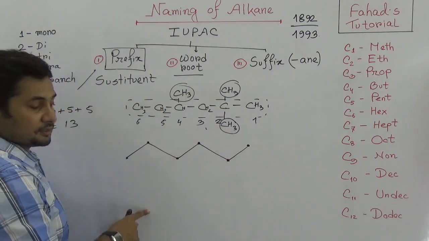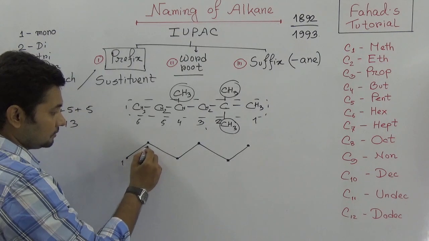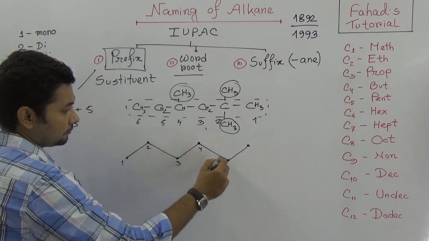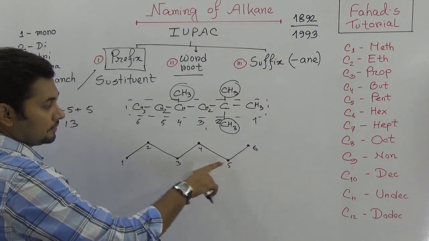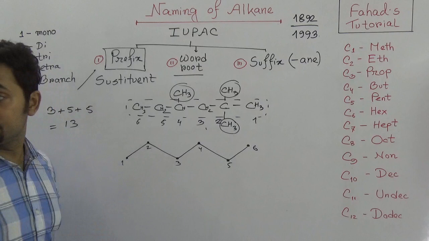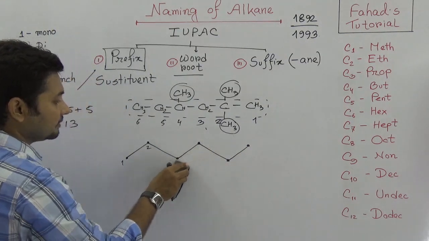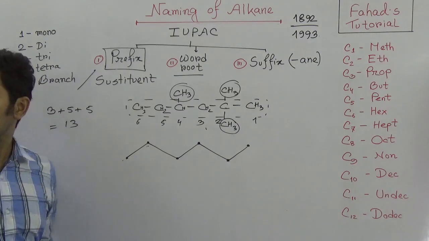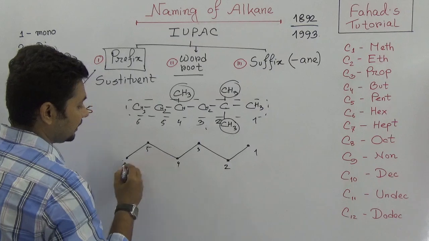So you have 6 carbons, so you have got 6 dots. 1, 2, 3, 4, 5, 6. We have to remove it because we counted from right to left. So it should be 1, 2, 3, 4, 5, 6.